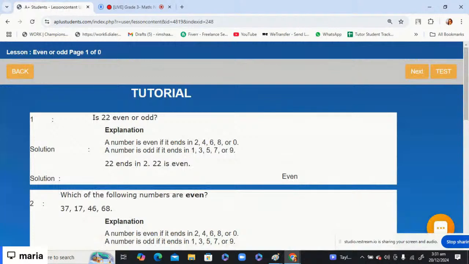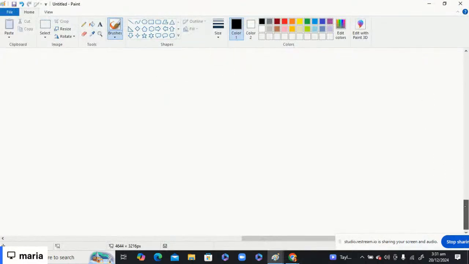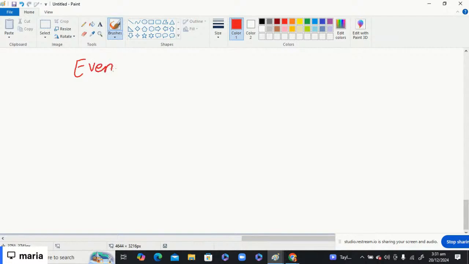So here, first of all, I'm going to write down the even numbers and then I'll write down the odd numbers. Okay, so here you guys note down all the even numbers. Even numbers.